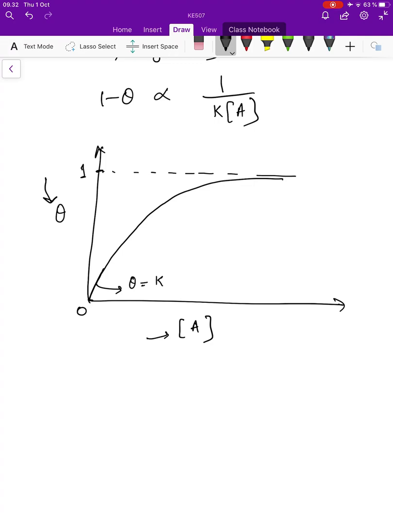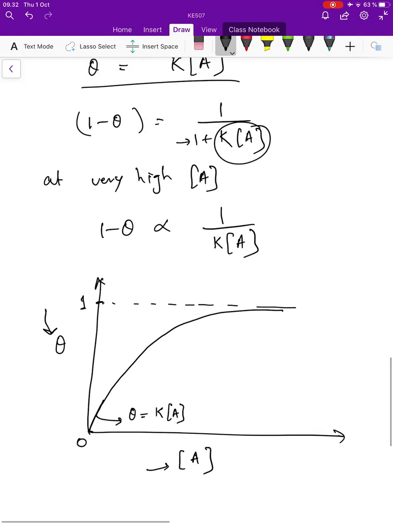So in this regime, theta, the fraction of adsorbed sites, is proportional to the ratio between the rate constants multiplied by the concentration of A. In this region, we have the standard Langmuir isotherm. We don't make any additional assumptions here.